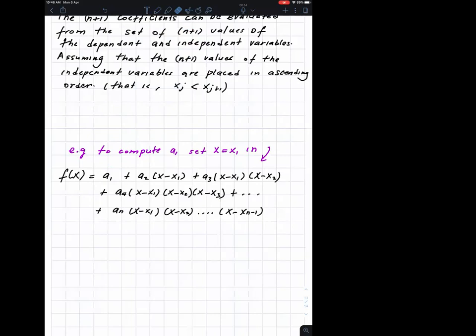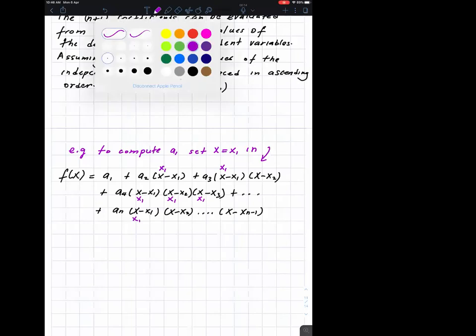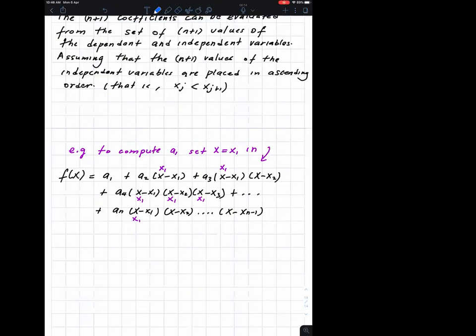When I set x equal to x1, see what happens. If I replace this x here with x1 and all the x's here with x1, so what will happen here? You can see x minus x1 is 0, right?